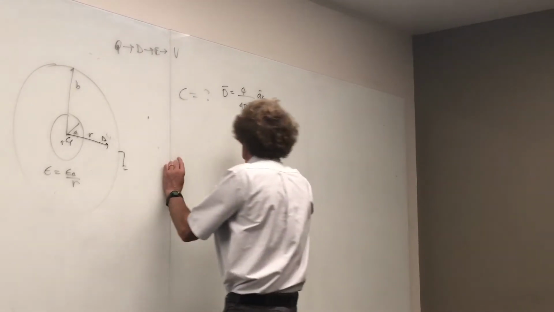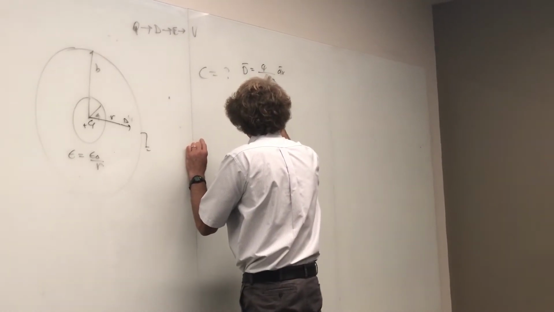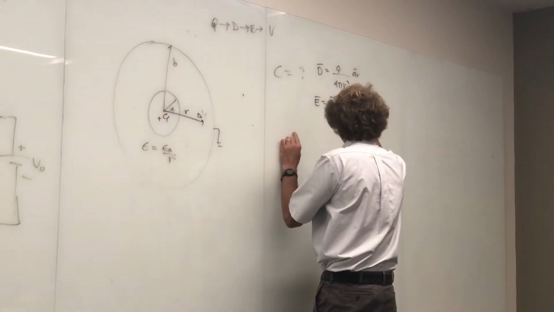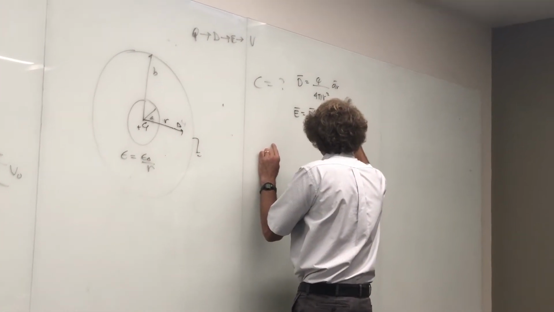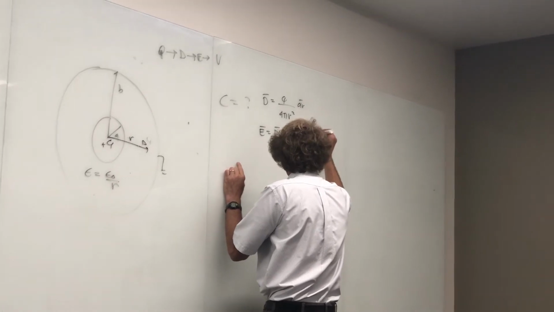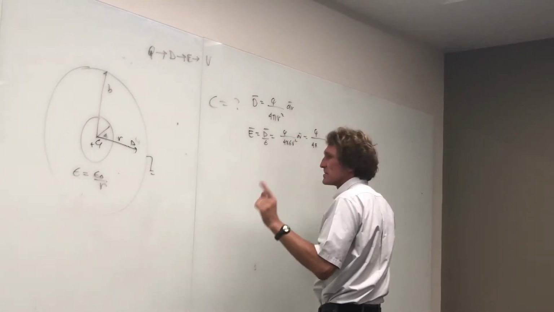So then I get E, and I say that the E field is simply D over epsilon, right? And that means it's Q over 4 pi epsilon r squared, a_r. But what's epsilon?